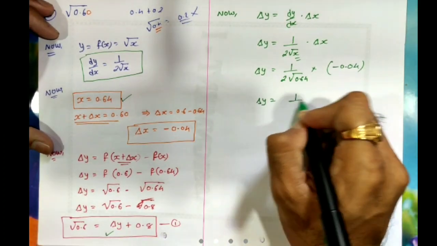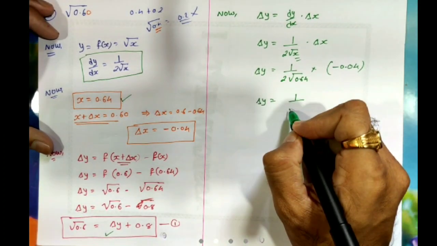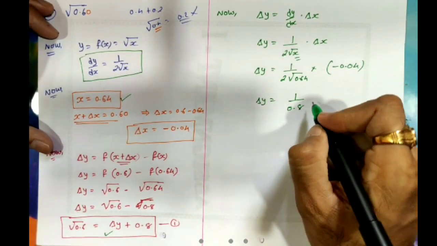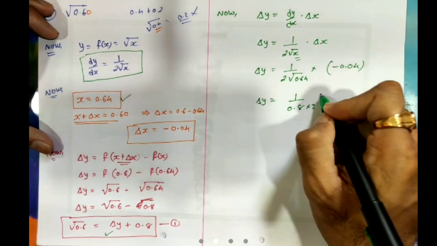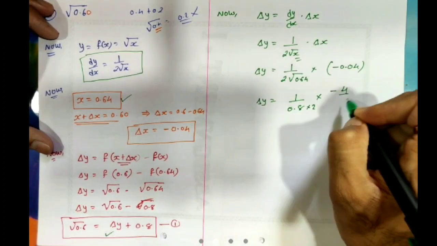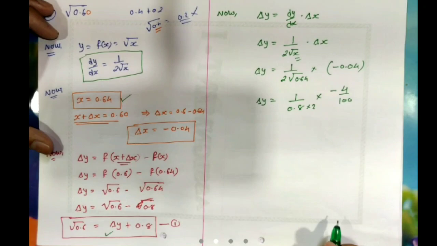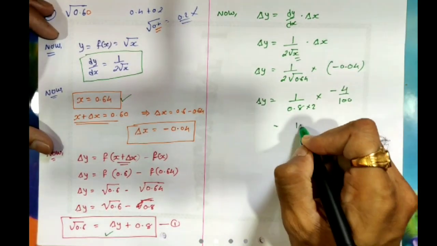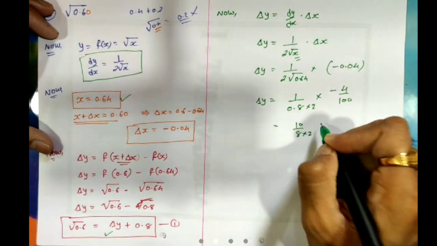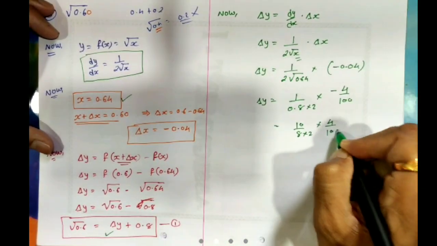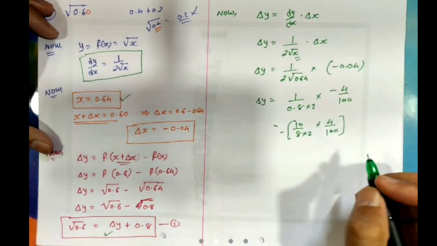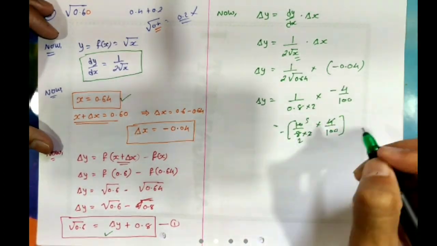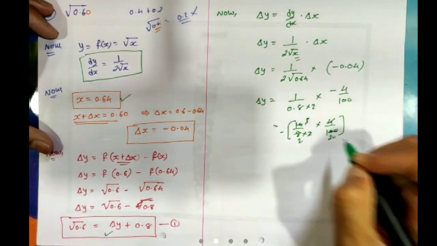So its simplification is delta y equal to 1 upon 0.8 into 2 into minus 4 by 100. So simplify it. 0.8 is 8 by 10. So 10 by 8 into 2 into 4 by 100, and the minus sign is there. 4 2 is 8, 2 5 is 10, 5 20 is 100.